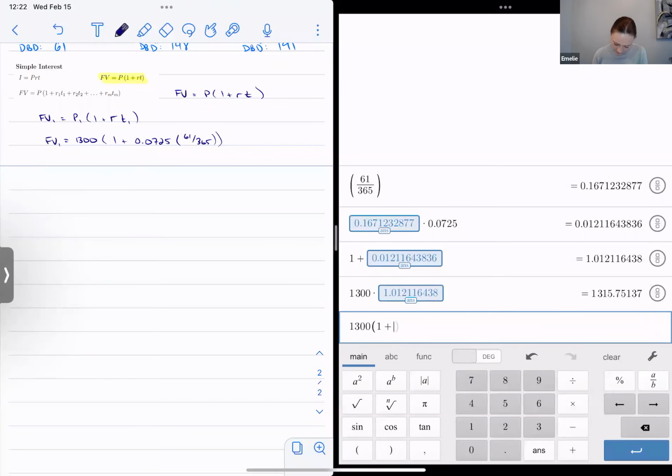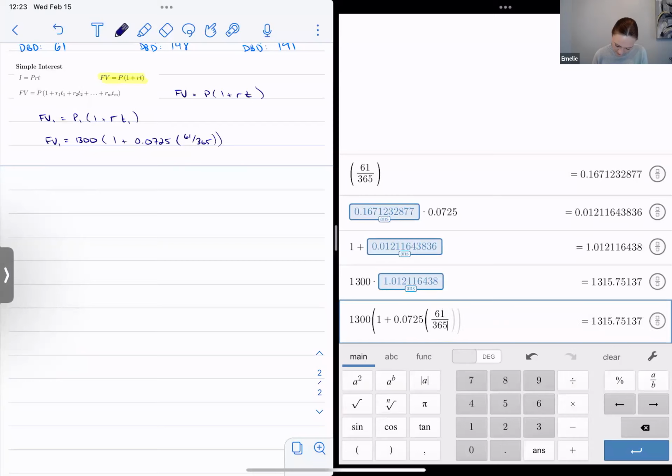Bracket 1 plus 0.0725 times 61 over 365.